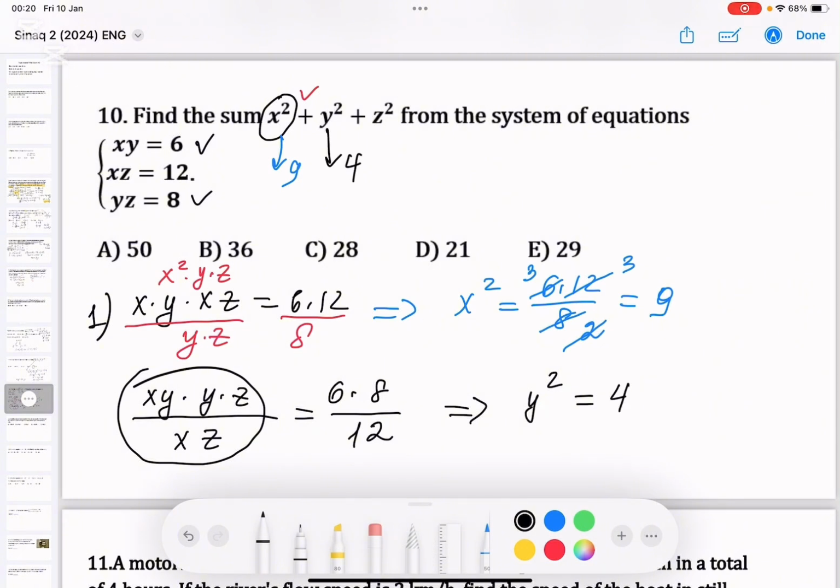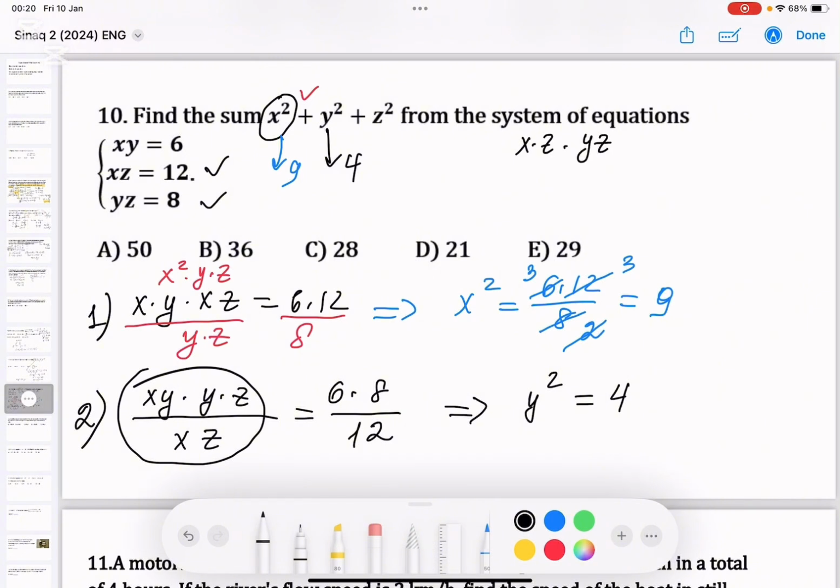And again, we can find z squared using the same method. I see z in the second and in the third equation. So I'm going to multiply these two, x times z times yz.